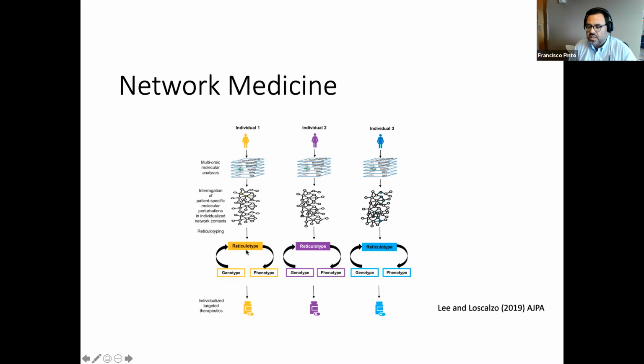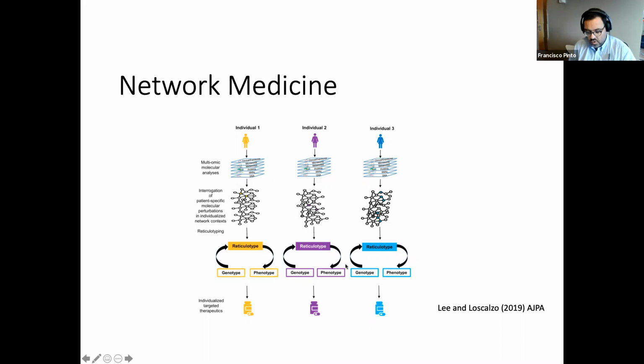They call it the reticulotype of the individual, and that may be helpful to choose the correct therapy for that individual. So the idea is that we don't use the same therapy for every individual with the same disease, but we adapt therapy to particular individuals, because some drugs work better in some types of individuals and not in others.